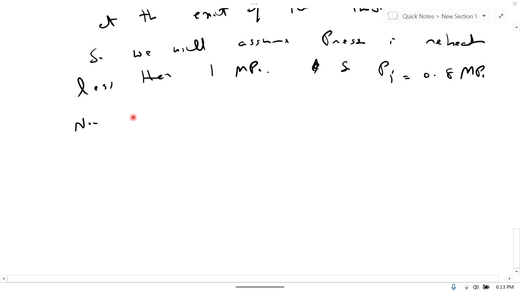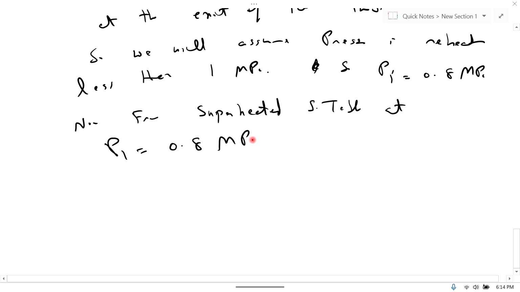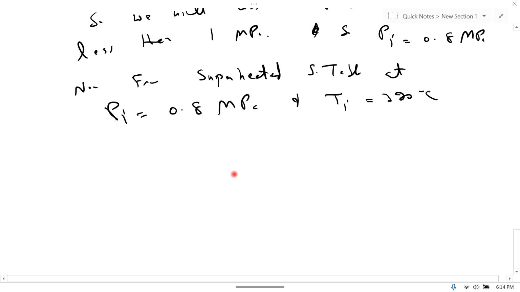At 0.8 megapascal, 320 is a superheated temperature, so we will use the superheated steam table. At pressure P1 dash equal to 0.8 megapascal and temperature T1 dash equal to 320 degrees centigrade, again 320 is not available in the table, so we will do interpolation.